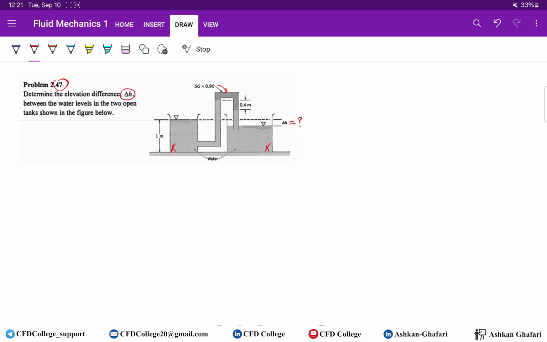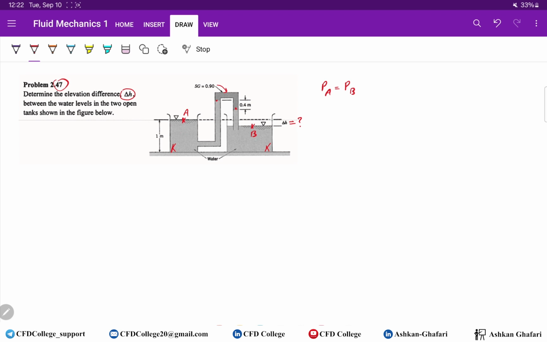Okay, as I mentioned, the first step is to find key points. We have two free surfaces, and a free surface is a key point. Here we have our first key point, here we have the second one, and don't forget we have these points in between, but we know the pressure at point A and also at point B because we have open tanks.